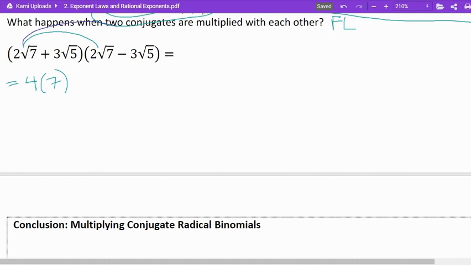2 root 7 times negative 3 root 5. 2 times negative 3 is minus 6. 7 times 5 is 35. Now I do the inside, as you like to say. 3 times 2 is 6. 5 times 7 is 35.